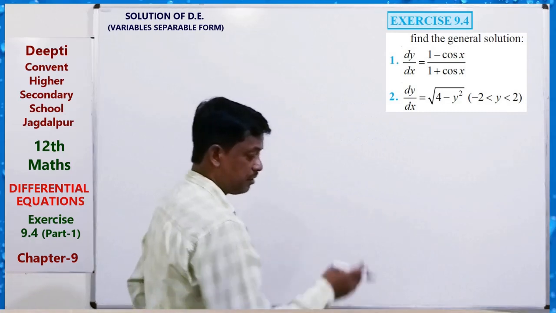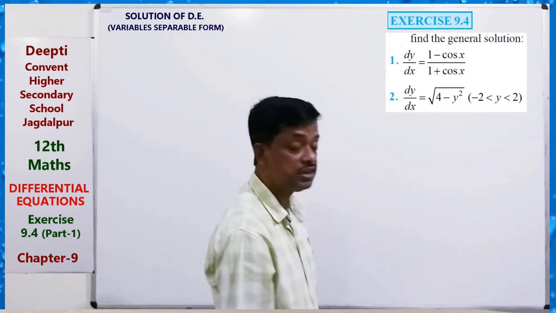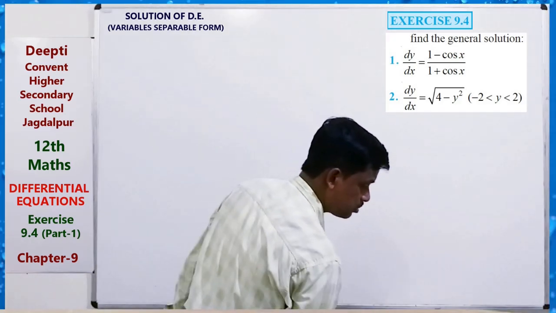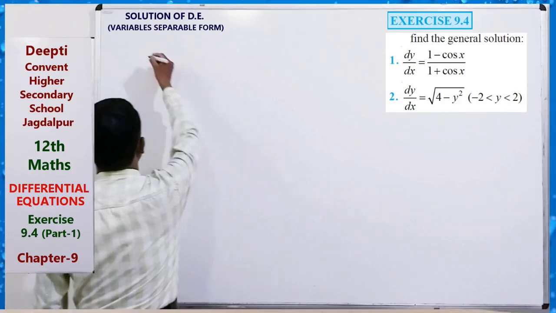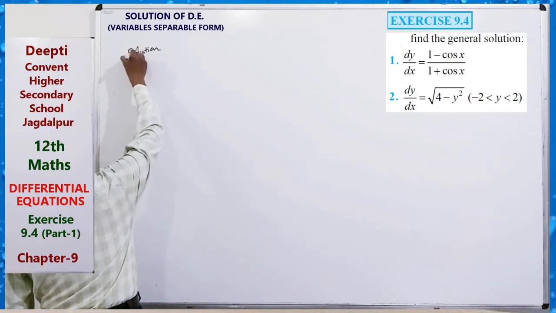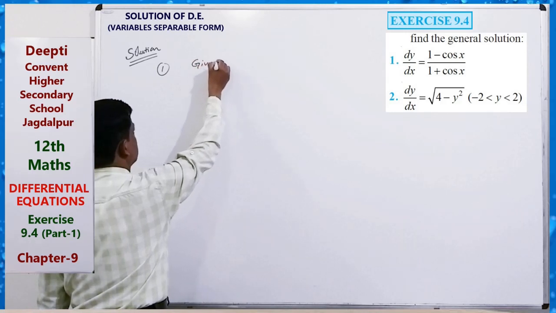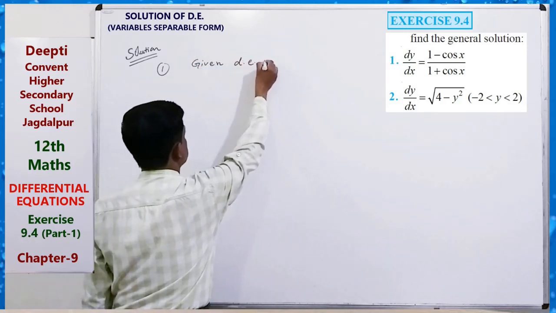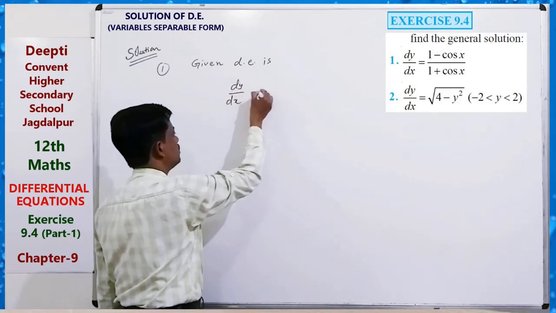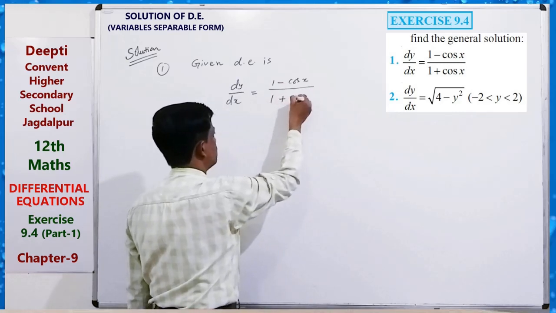For each of the differential equations, find the general solution. That means solve the differential equation. The first question is dy by dx equals 1 minus cos x by 1 plus cos x. The given differential equation is dy upon dx equals 1 minus cos x upon 1 plus cos x.